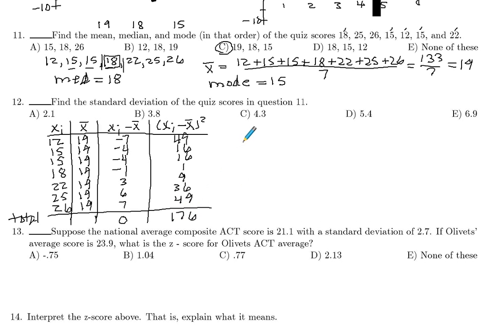And then remember that our variance is the sum of the xi minus x bar squared column over n minus 1. So this top, that's this sum here, 176. And then remember here, the n, we've got 7 numbers here, n equals 7.